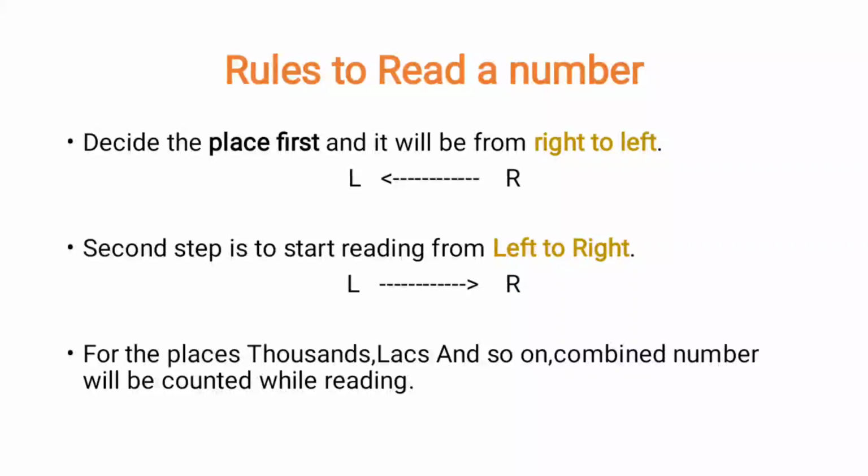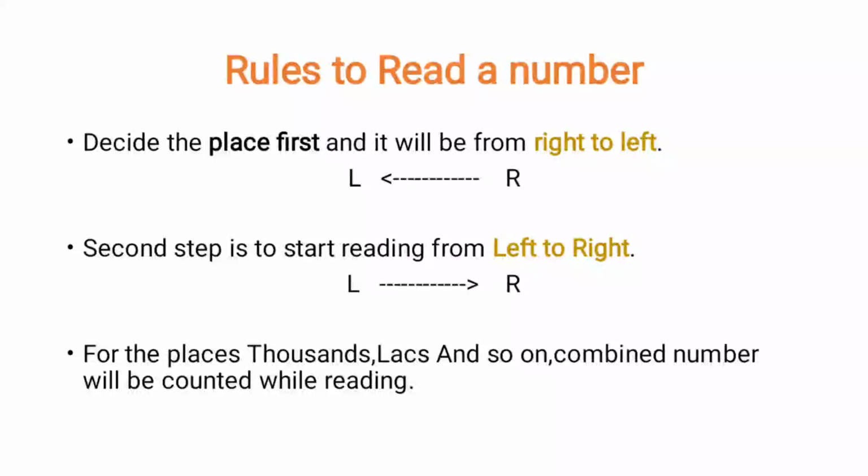So in the previous class also we have seen the basic rules how to start reading. So let's quickly revise the rules. First, when we get a number, first thing we have to do is find the place of that number for every digit.